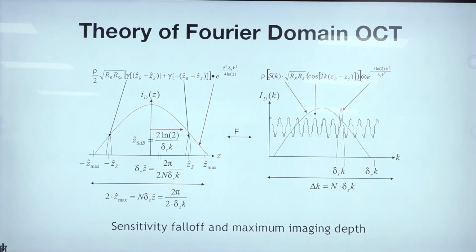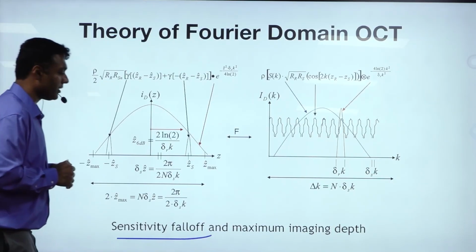Because it adds up a range of wavelengths, this is what's called sensitivity fall off. As you go deeper, the amount of signal that you get from larger depth becomes smaller and smaller, and that's called the roll off or fall off in the image depth.